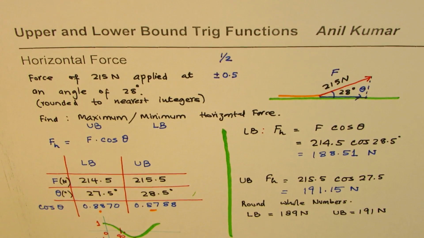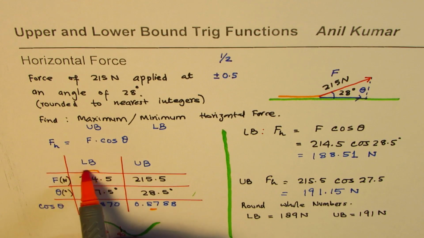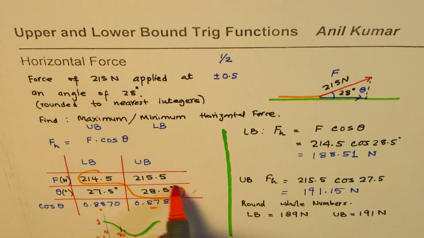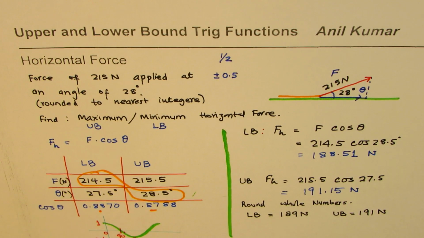Do you see that? So that is how you can solve such questions. In trigonometry, you have to see how to associate your values to really get the maximum. As in this case, we took the higher value of the angle to find the lower bound. I hope that is important to understand and you appreciate it.